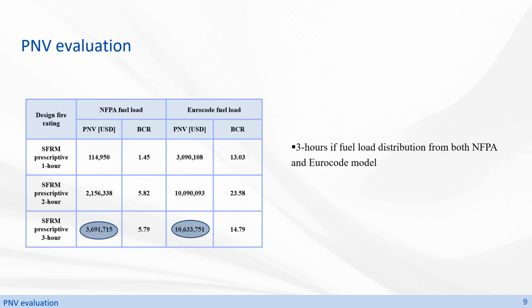Both fuel load distribution models indicate the 3-hour fire resistance rating is the optimal solution, which is correlated to the prescriptive guidance that up to 2-hour fire resistance rating is typically required for the primary structural frame members.